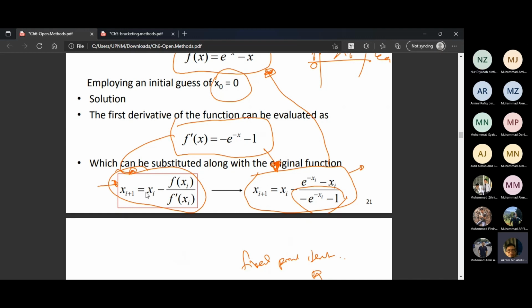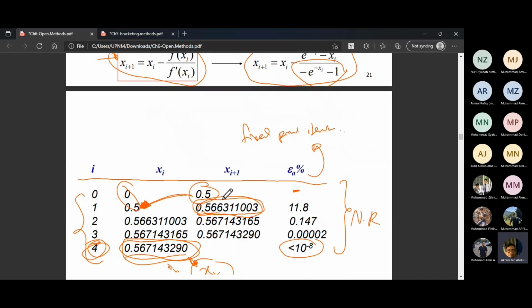Tapi tak adalah susah sangat. Tak adalah kompleks mana nak hafal pun kan. Tapi selalunya diberilah. So Newton Raphson apa xi, this is general formula dia. Fixed point apa dia punya general formula dia. So dia akan diberilah. Cuma tak tahu nak pakai je lah. Alright.